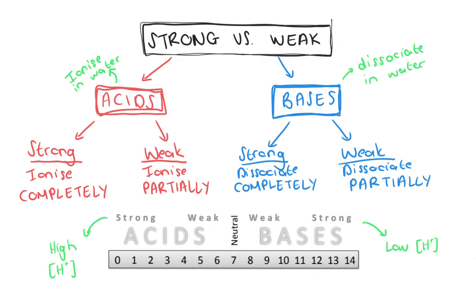And then just the last thing that they sometimes ask in your exams is the influence of the acid or base strength when it comes to reaction rate and conductivity. So remember, like we said, a strong base or a strong acid ionizes or dissociates completely in water, which means that they will have a high concentration of the protons, of my hydrogen ions, and a strong base will have a low concentration of this, but also a high concentration of my hydroxide ions.